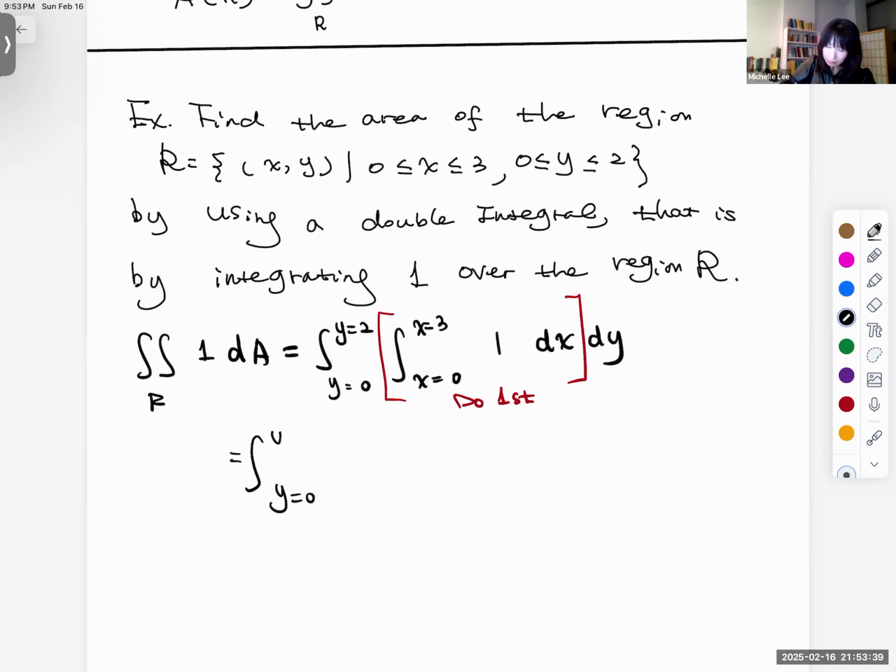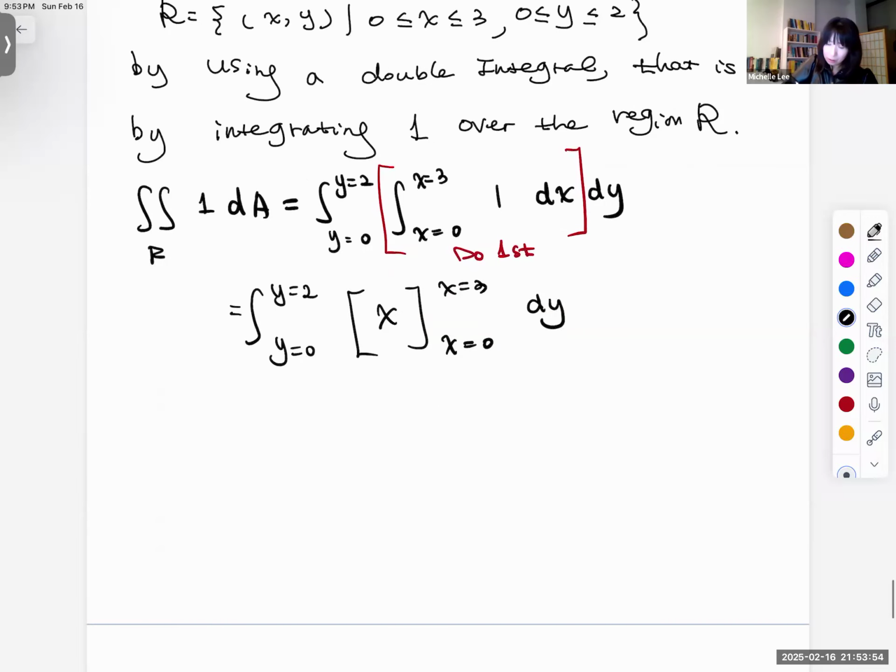So we have x, right? From, we want to evaluate 0 to 3. Okay. Oh, this is the last one. Last problem. So x equal to 3.